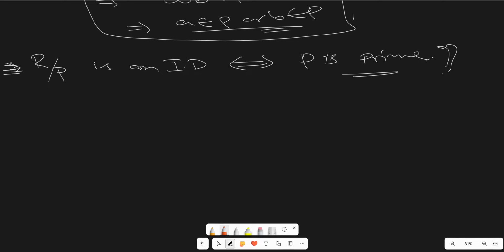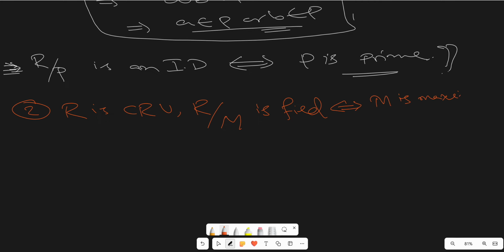The second statement needs commutativity and unity. So the second statement says that if R is a commutative ring with unity, R mod M is a field if and only if M is maximal in R. Are you getting my point?